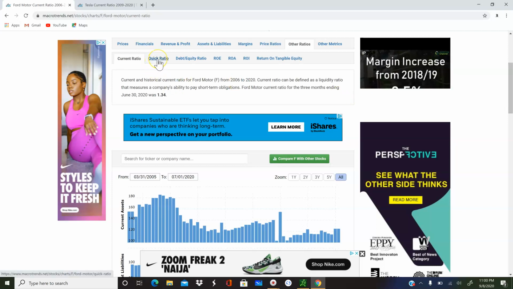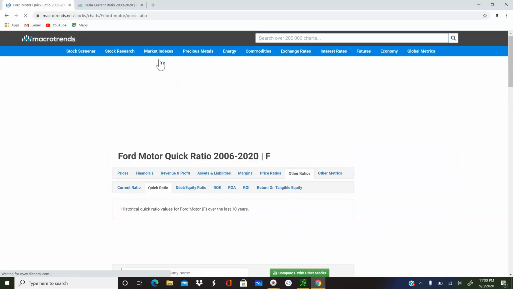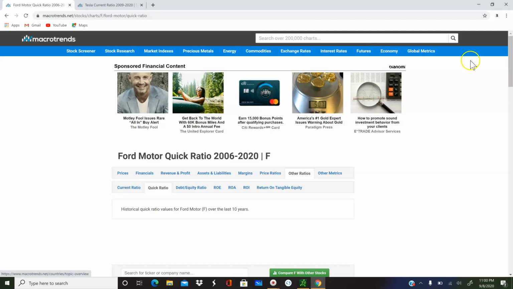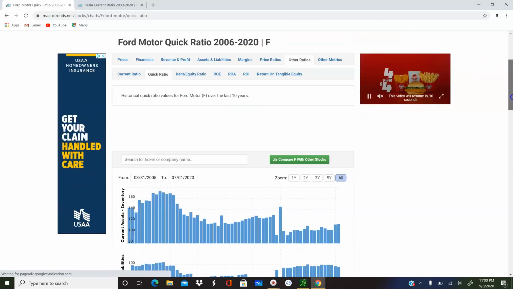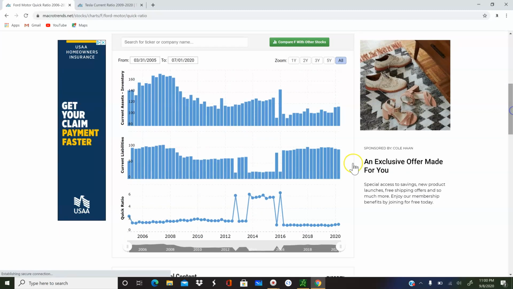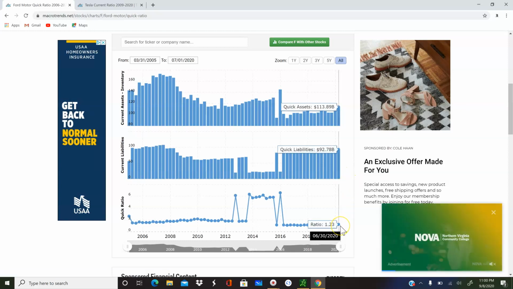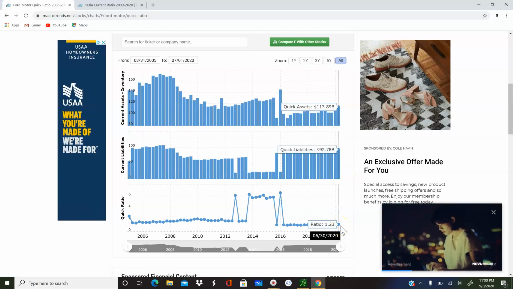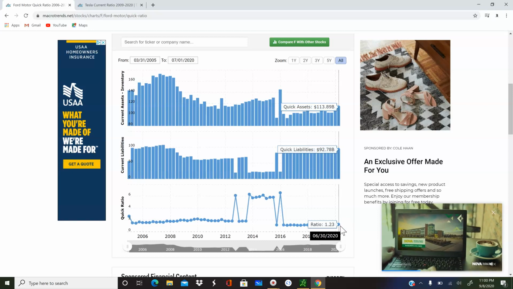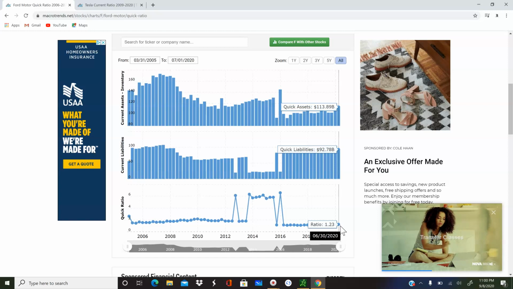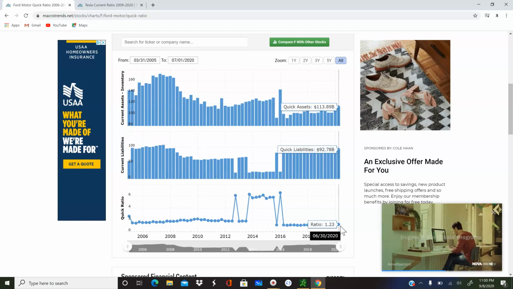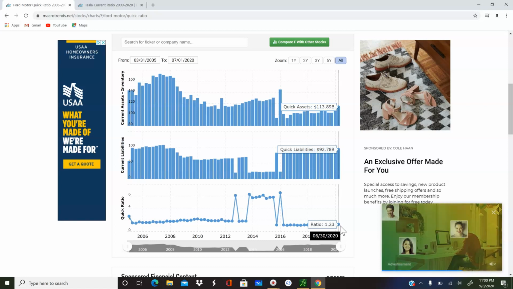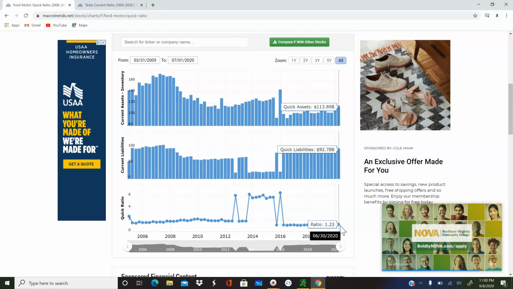So the current ratio for Ford for June 30th, 2020 was 1.34. Let's see what the quick ratio was for that same period. 1.23. Like I said, a little bit lower, not a huge discrepancy between the numbers, but this number still tells you that Ford has the current assets on hand to cover its short-term or current liabilities.